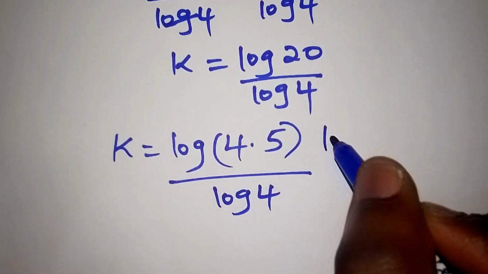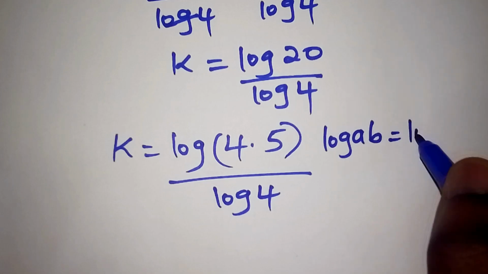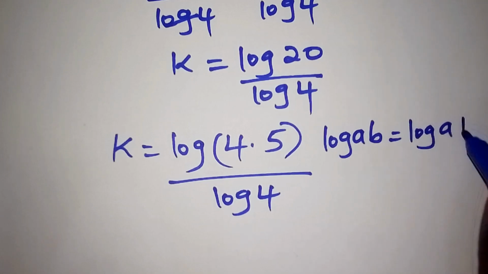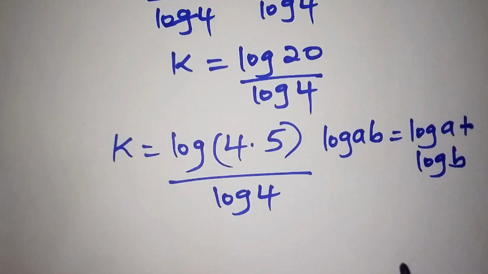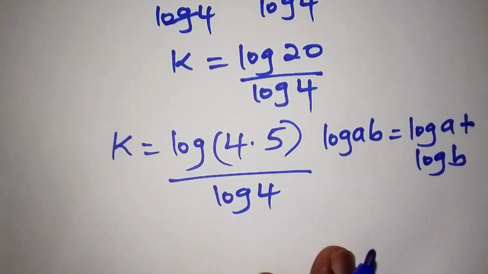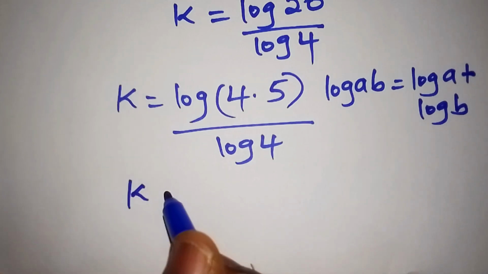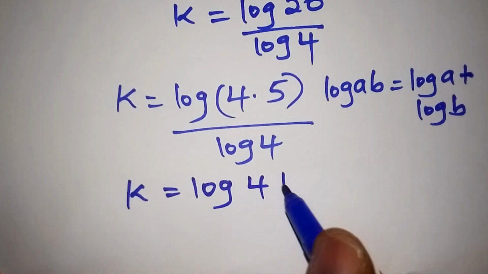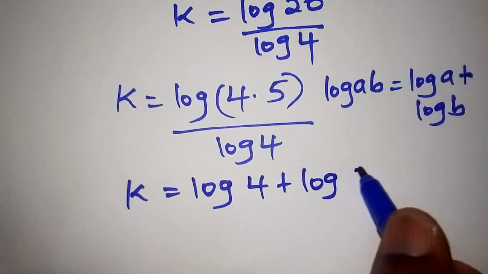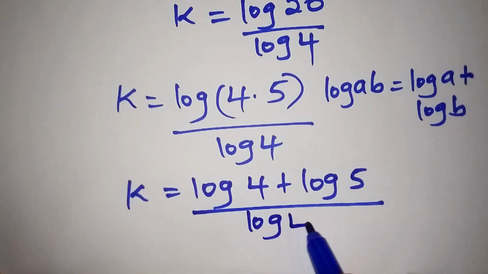Assuming that we have the log of a multiplied by b, this can also be written as the log of a plus the log of b. So we can now open the bracket and say that k is equal to the log of 4 plus the log of 5, all over the log of 4.